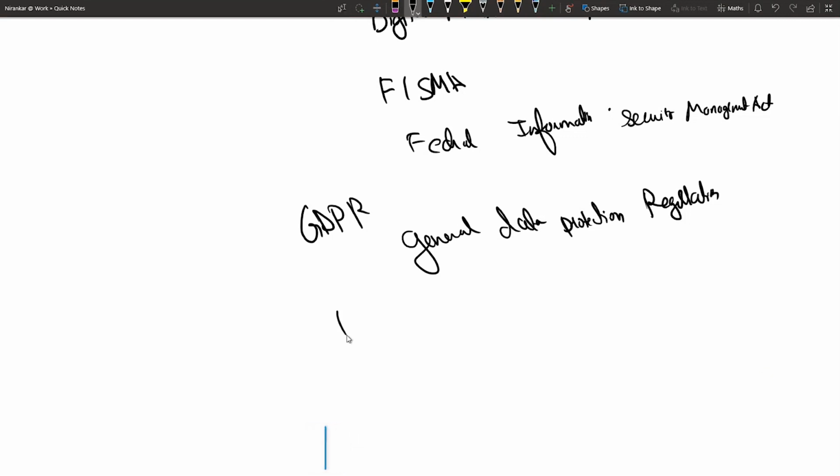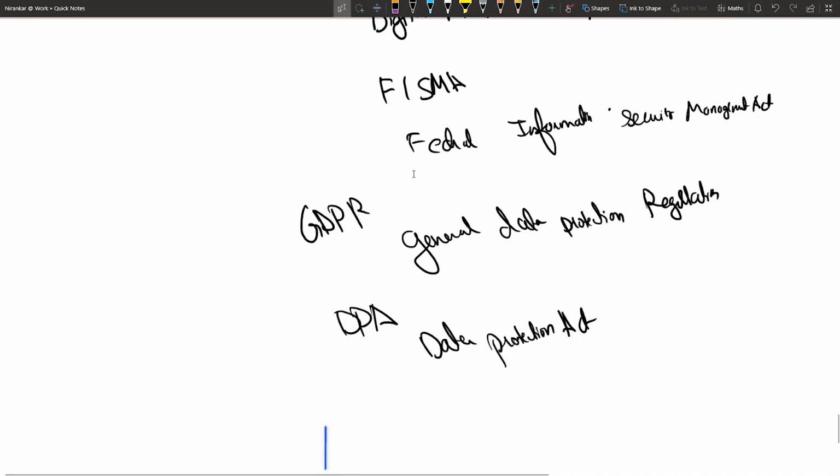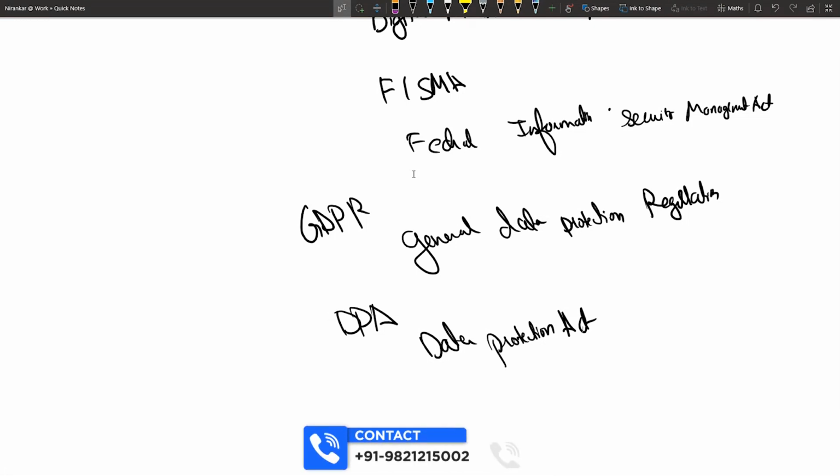Then we have DPA, that is Data Protection Act. The DPA, and this is the DPA 2018. Right now I'm talking about DPA 2018. So the DPA 2018 is set of framework for data protection law in the UK, United Kingdom, and it updates and replaces the Data Protection Act 1998, which came into effect on 25th May 2018.